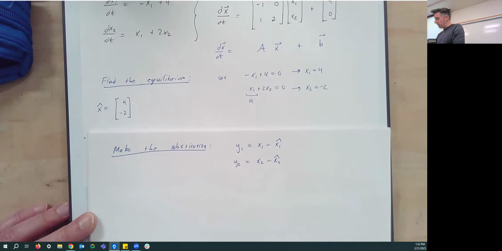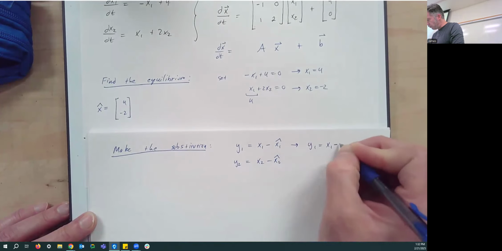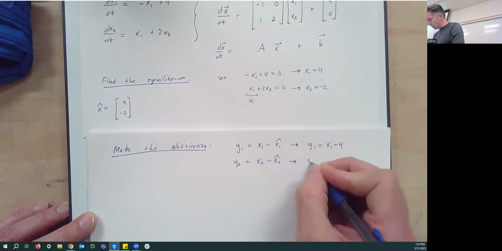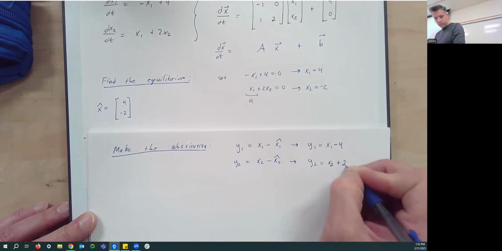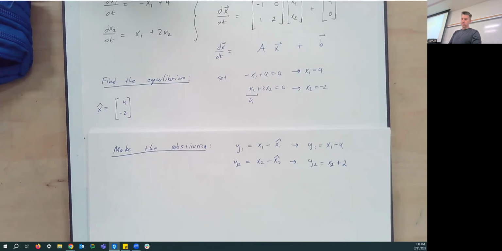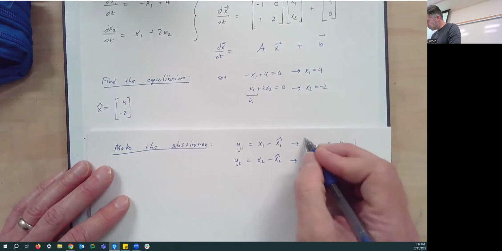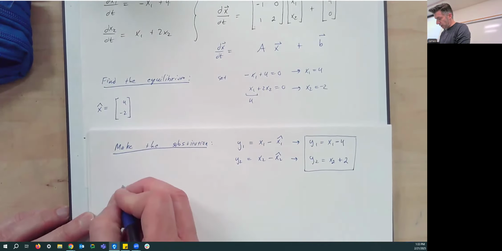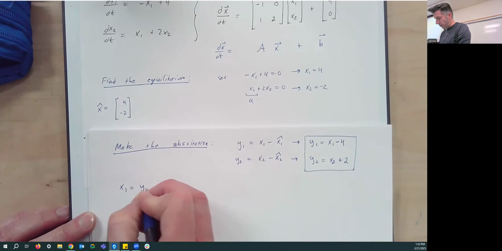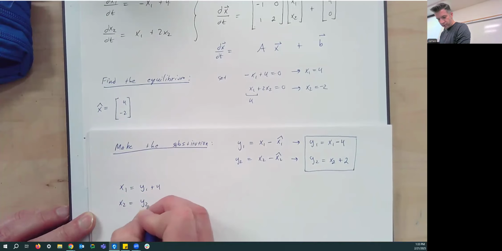In this case, y1 is equal to x1 minus 4, and y2 is equal to x2 plus 2. Then we solve for x1 and x2. Easily, x1 is going to be y1 plus 4, and x2 is going to be y2 minus 2.